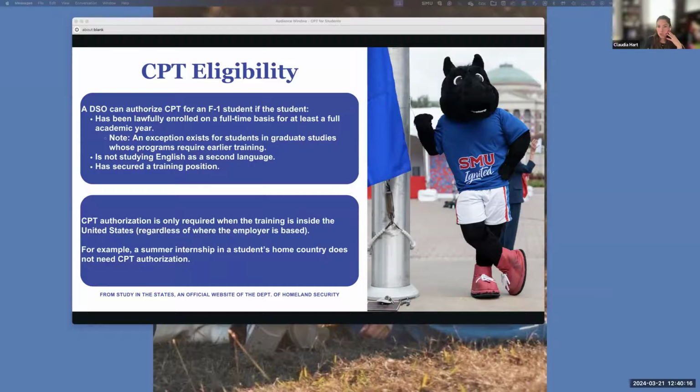Anytime you're doing anything off campus, you always need permission from a DSO or from USCIS directly. Some of the questions are also, if I'm going to do something off campus, do I need CPT? I'll talk about that.